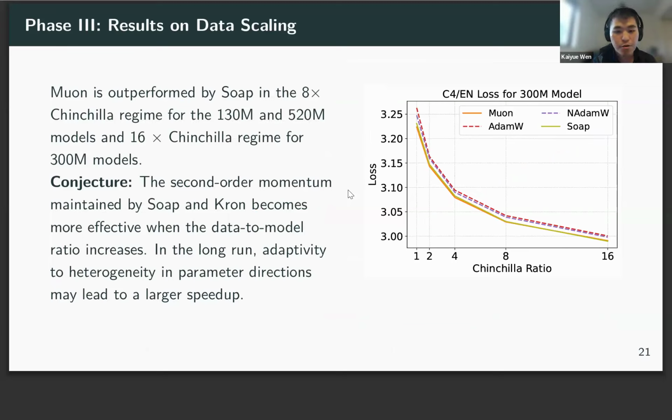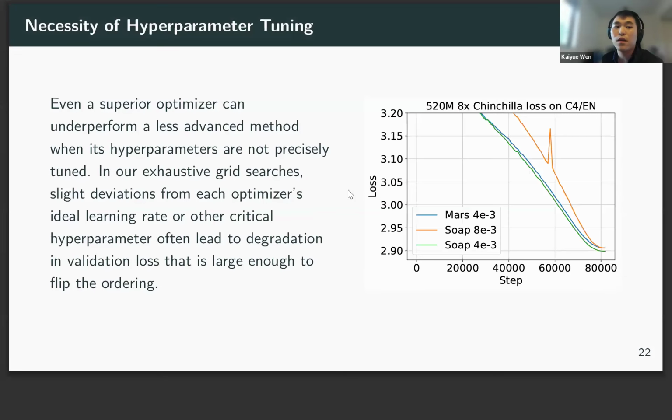Perhaps when you run for longer, the adaptivity to the different sharpness in the different parameter directions can lead to a slightly larger speed up compared to Muon, which is the steepest descent algorithm and conceptually moves in equal speed for all the directions. But whether this is true, or whether the effect of SOAP versus Muon can be validated on larger scale, is also an interesting open problem to study.